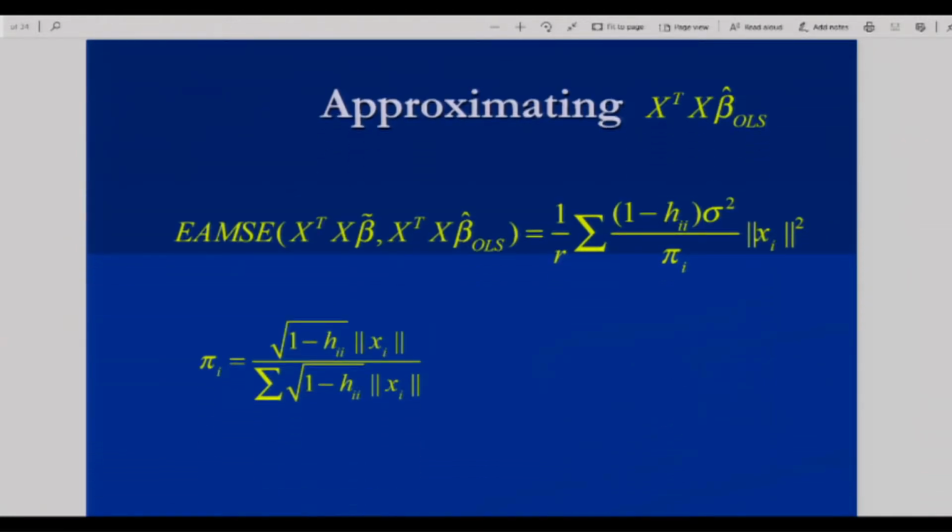The third one, analogous to what we did for the unconditional analysis, we can do this, and eventually we end up with the sampling probability 1 minus HI times the predictor length. So this is the sixth sampling probability we get from our asymptotic analysis.